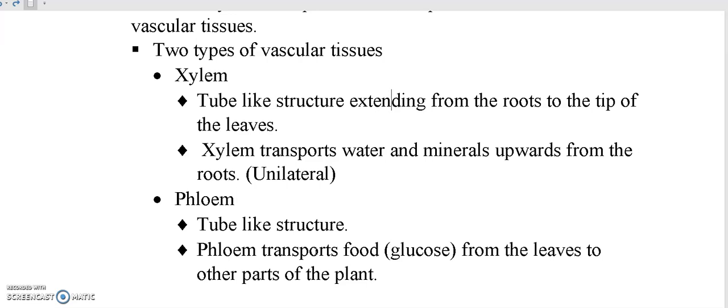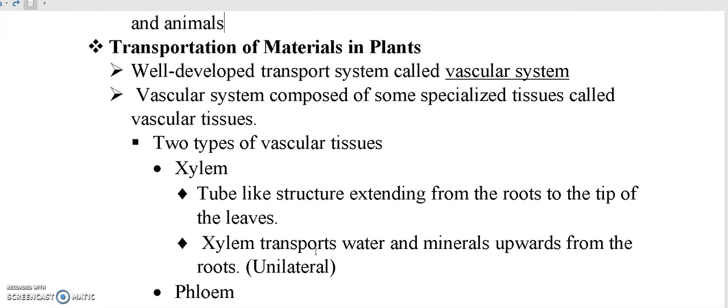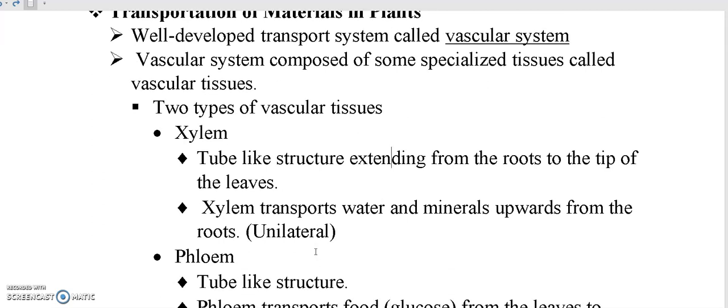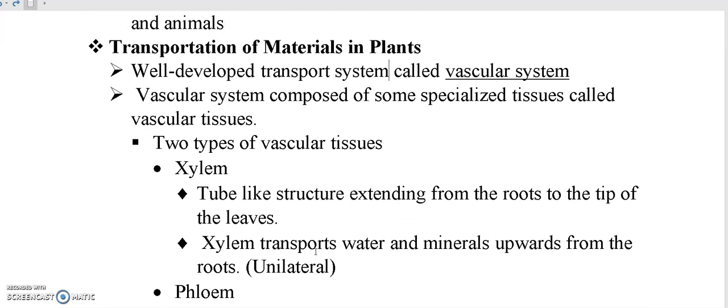So what have we seen? We are talking about transportation of materials in plants, and we know that even plants have a well-developed transport system, और इस system को vascular system कहते हैं.